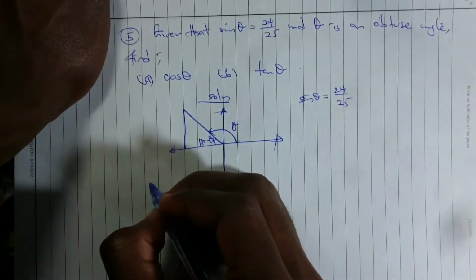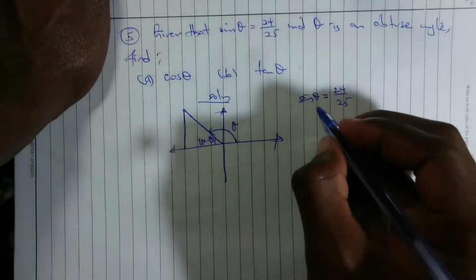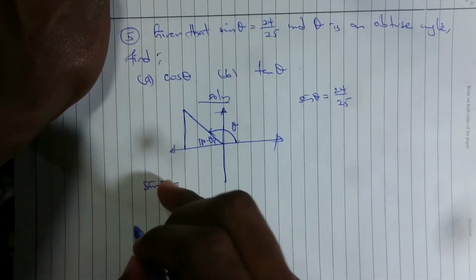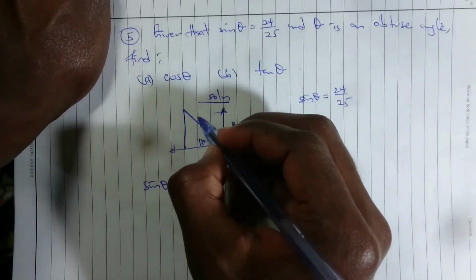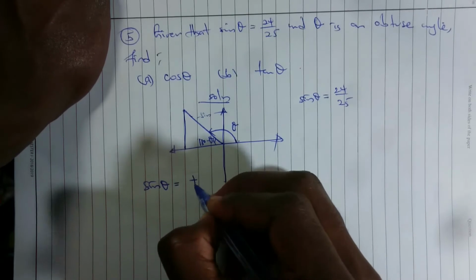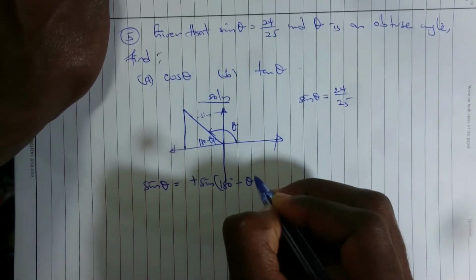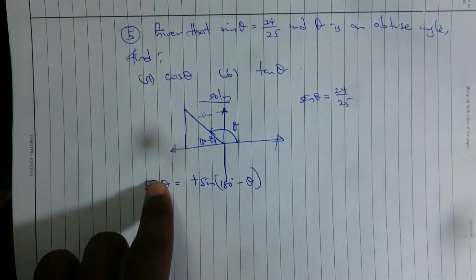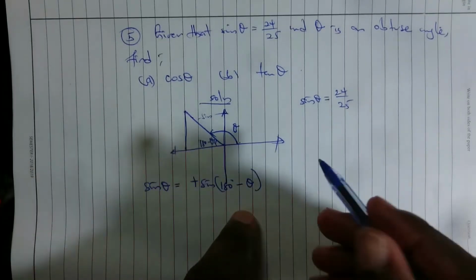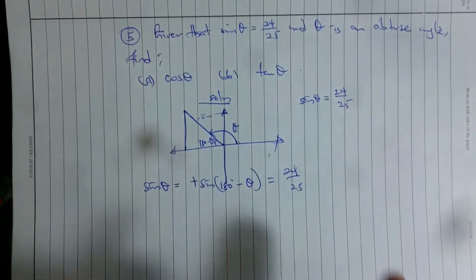Since theta is obtuse, this is our second quadrant, where only sine is positive, remember what I explained before? That means sine theta is the same as sine of 180 degrees minus theta, so there's no difference there, and that is also 24 out of 25.